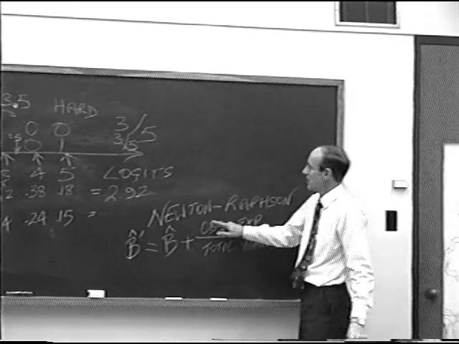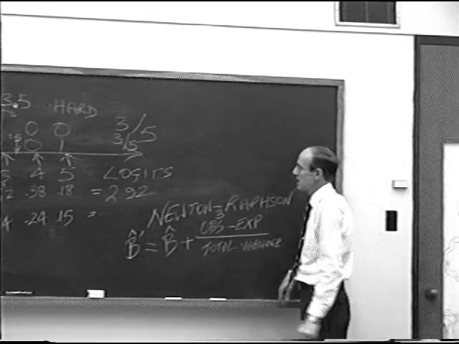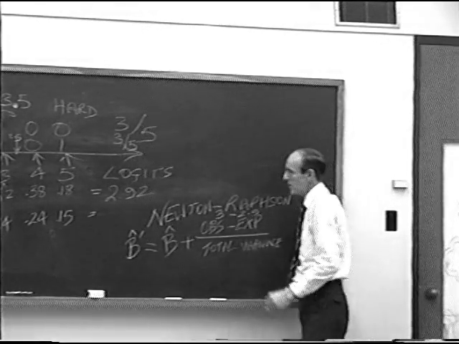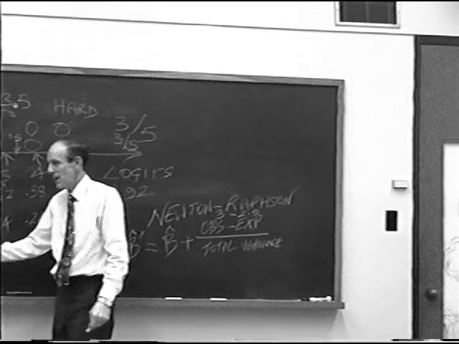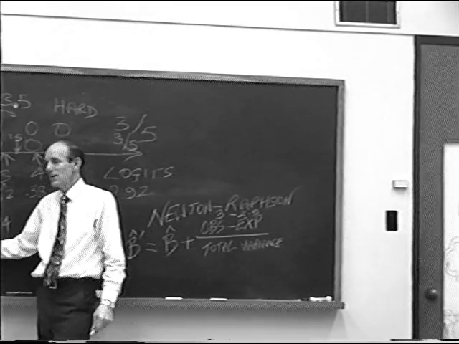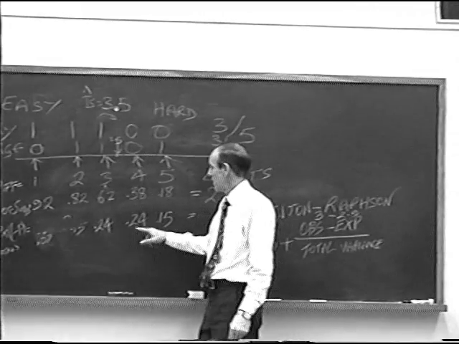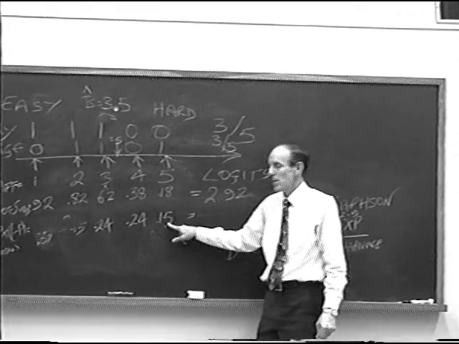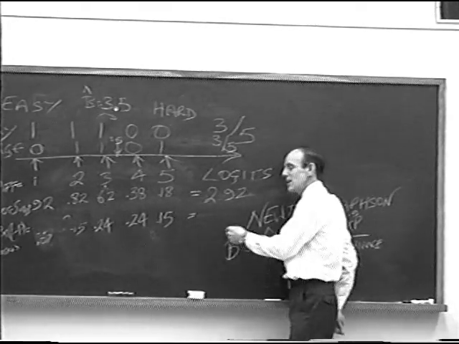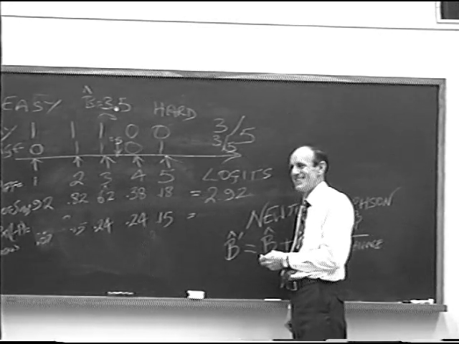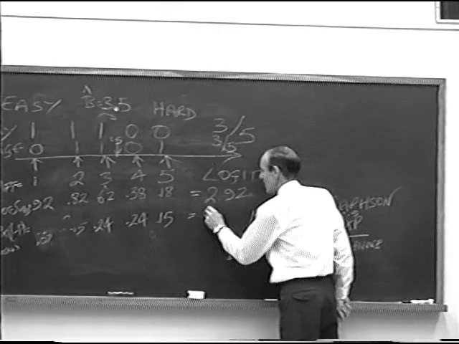Now in this case, the observed score is 3, the expected score is 2.92, and the total variance is the sum of each of these things: 0.07 plus 0.15 plus 0.24 plus 0.24 plus 0.15, and that equals 0.85.